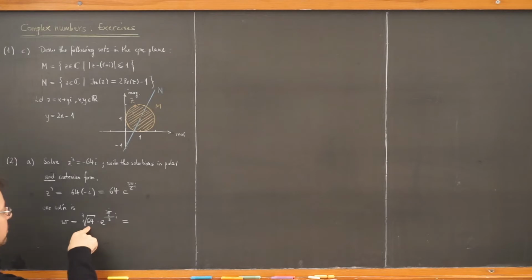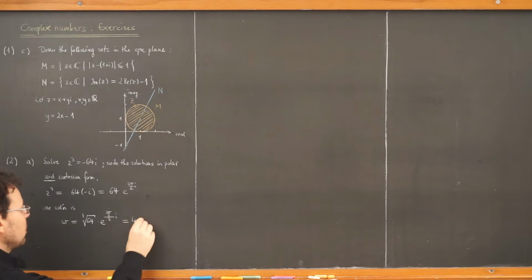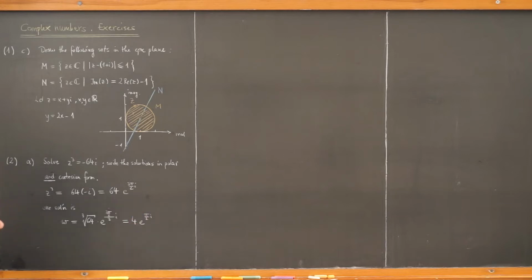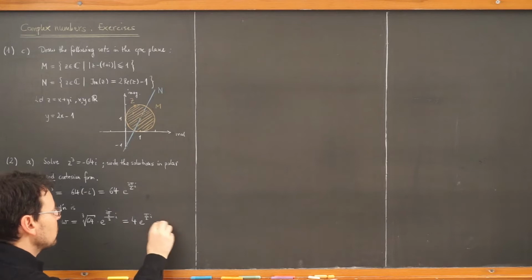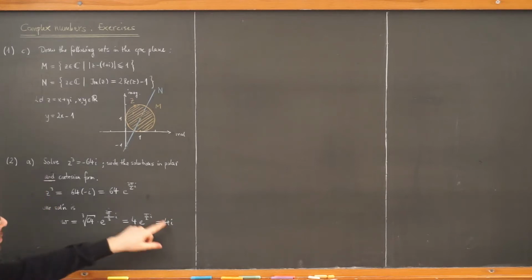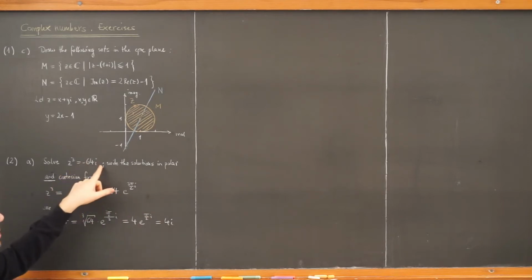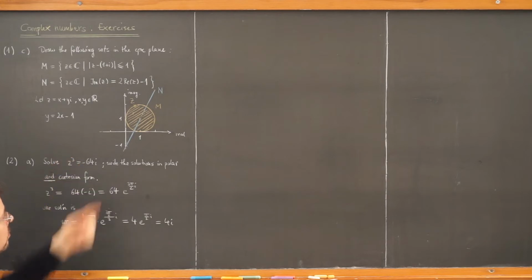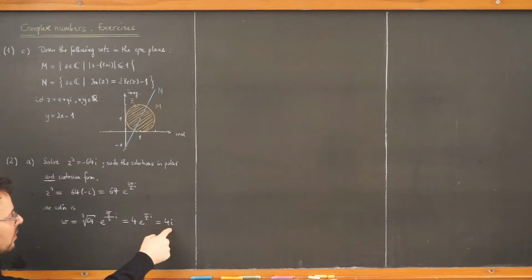So third root of 64 is 4, and here we have e to the pi over 2 times i, and this is nothing but i itself, so one solution is 4i. Of course, in this case, if you know that i to the third power is minus i and that the third root of 64 is 4, you could write down this directly as one solution.